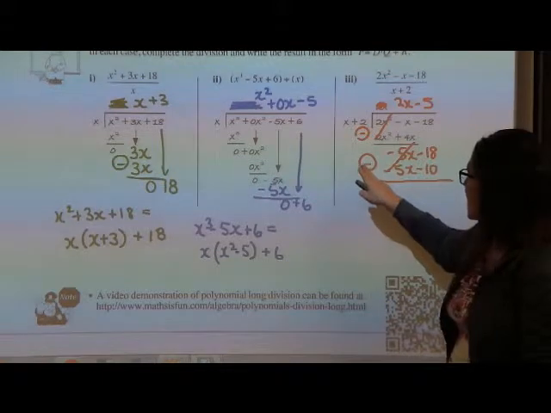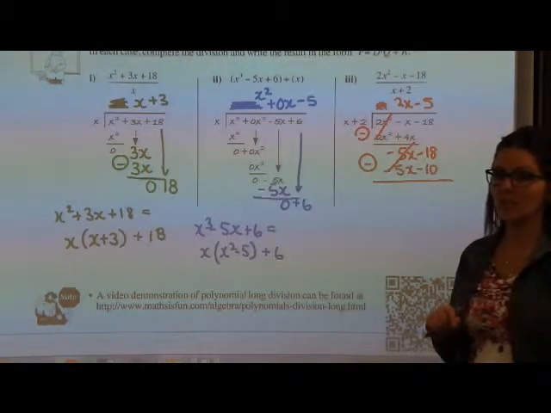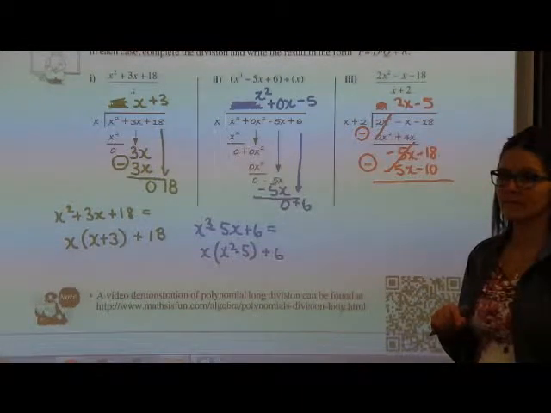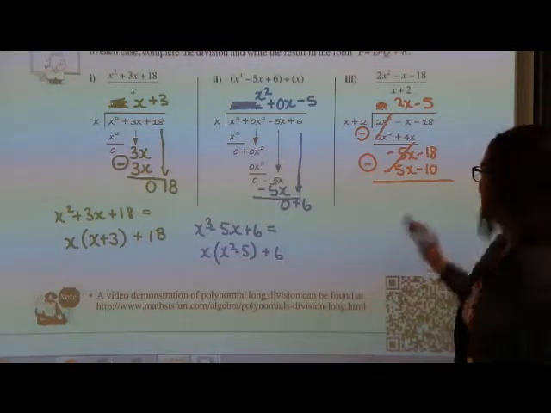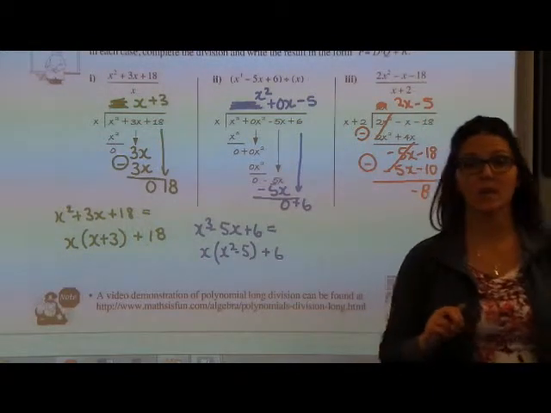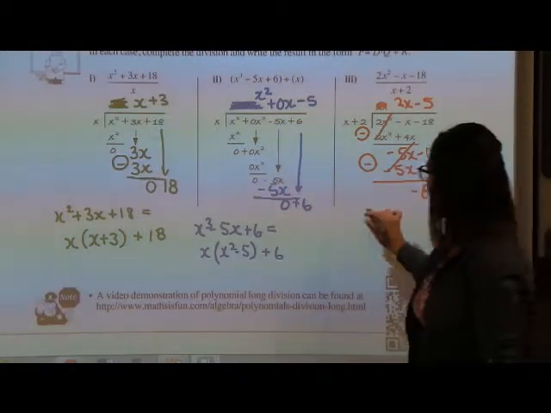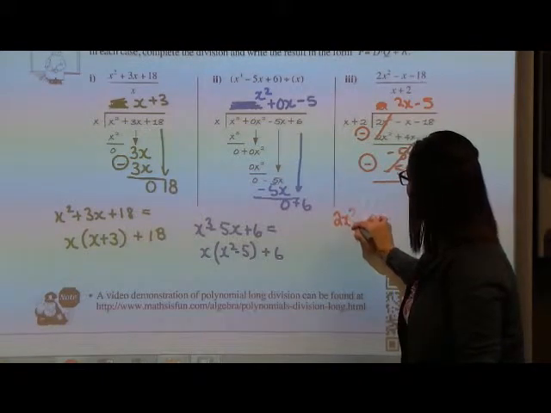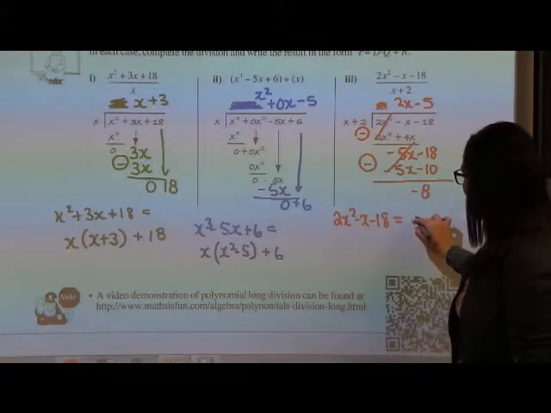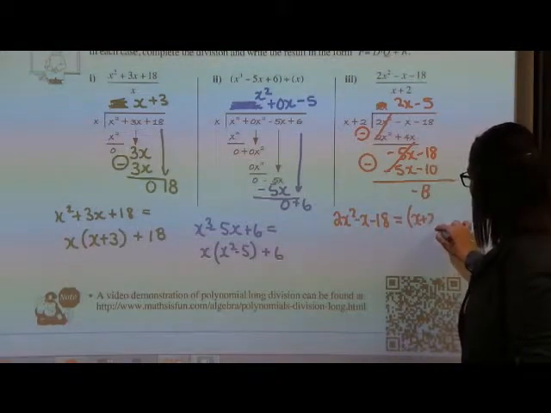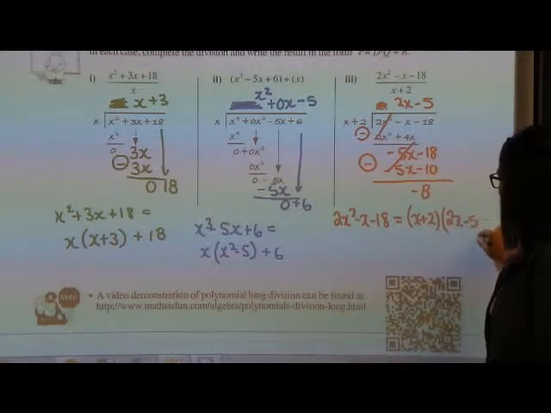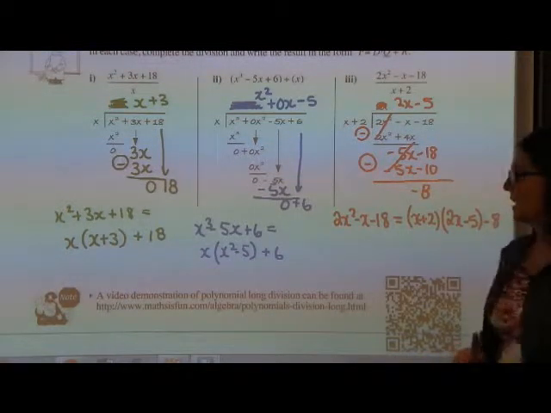And then I've got negative 18 minus negative 10 equals negative 8. So written in that form of p equals dq plus r, the polynomial 2x squared minus x minus 18 equals the divisor, which is x plus 2, times the quotient, which is 2x minus 5, minus 8.